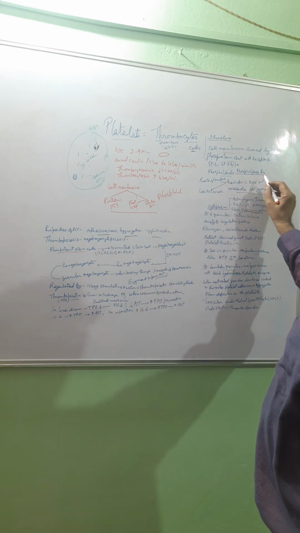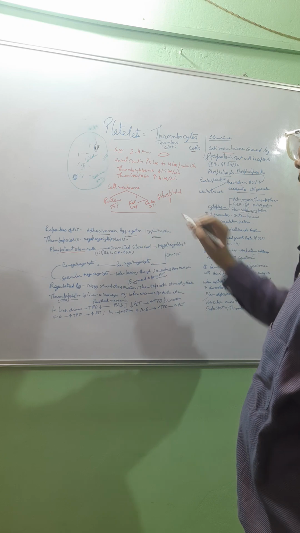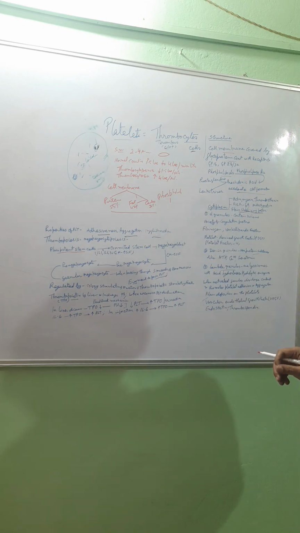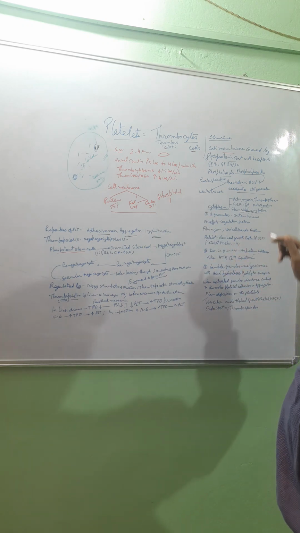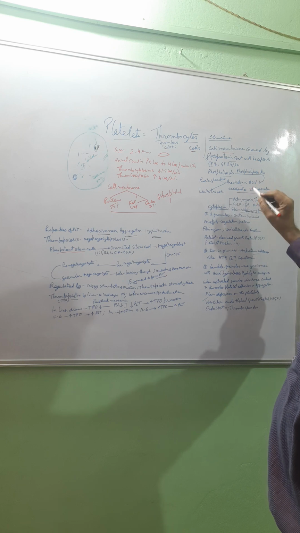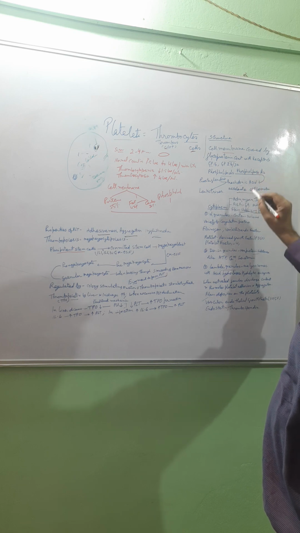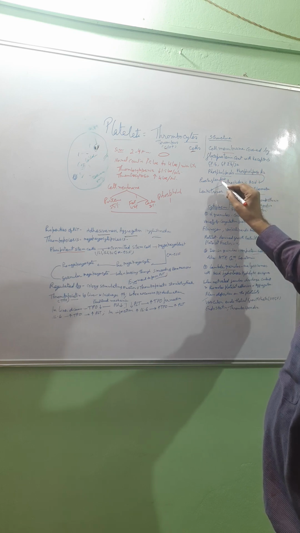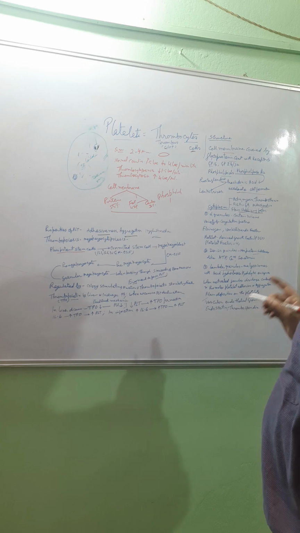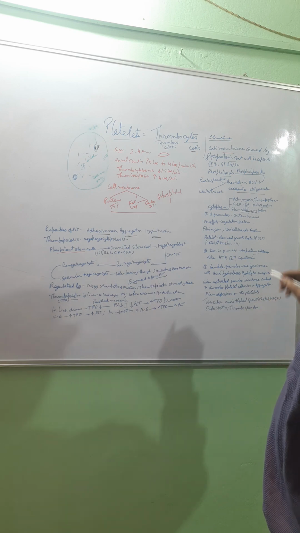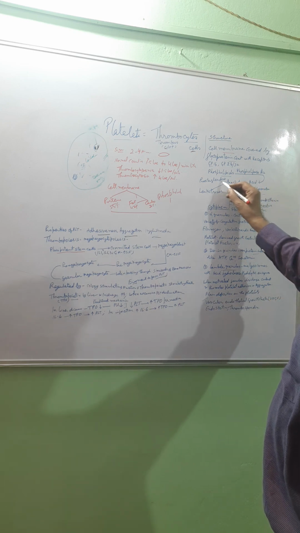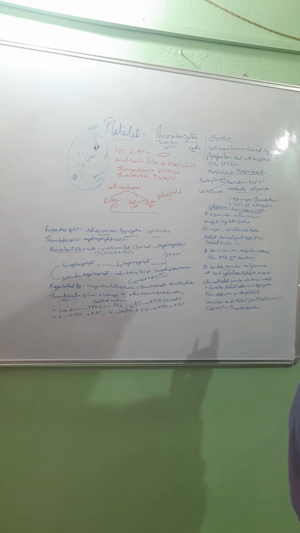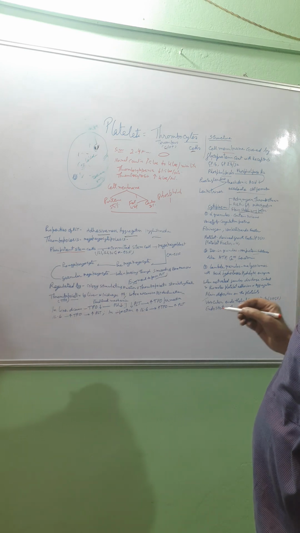Phospholipids are converted into arachidonic acid by phospholipase A2, and this is converted into prostaglandins and leukotrienes. These substances are essential for clot formation.